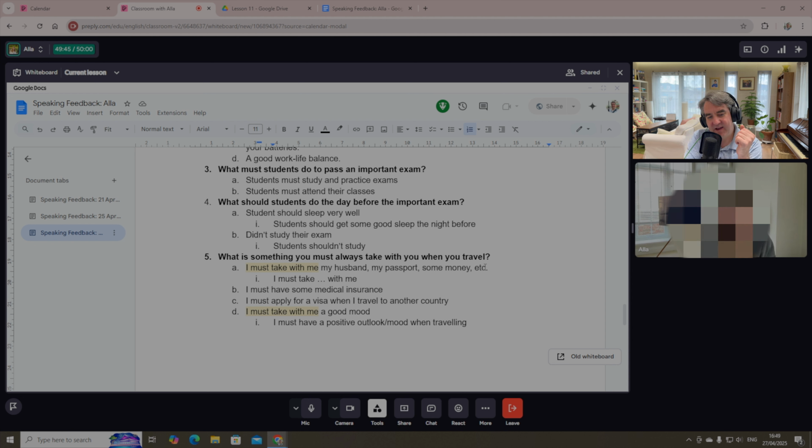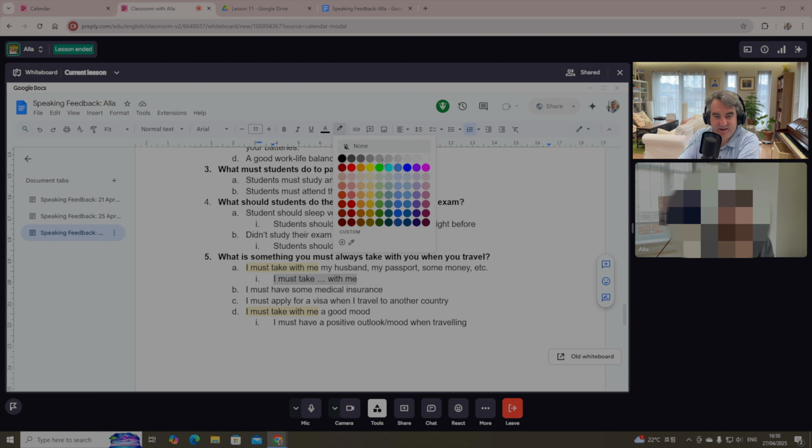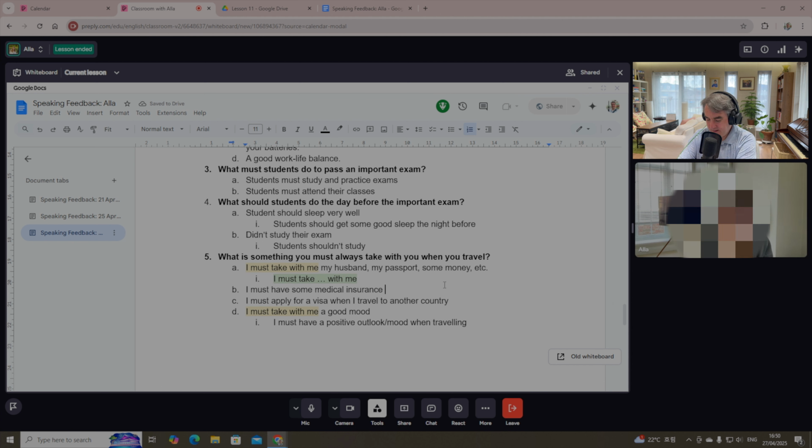I must take my suitcase with me when I travel. I must take my book with me when I travel. So it's just a thing to be aware of when we're saying this in English. Okay.